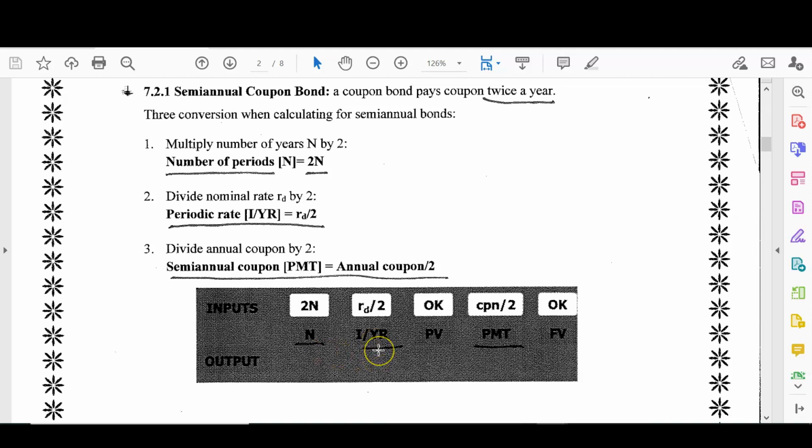For I, instead of inputting the nominal annual rate, we divide it by 2, so we have the semi-annual rate input as I. For payments, instead of inputting annual payments, we divide that by 2, and we input the semi-annual payment. And for PV, it is still the bond price. For future value, it is still the call price or the par value.